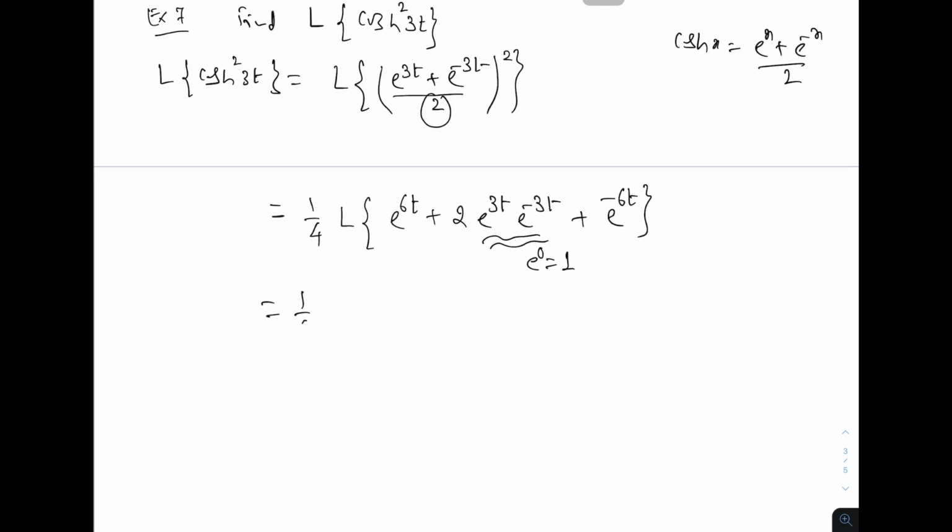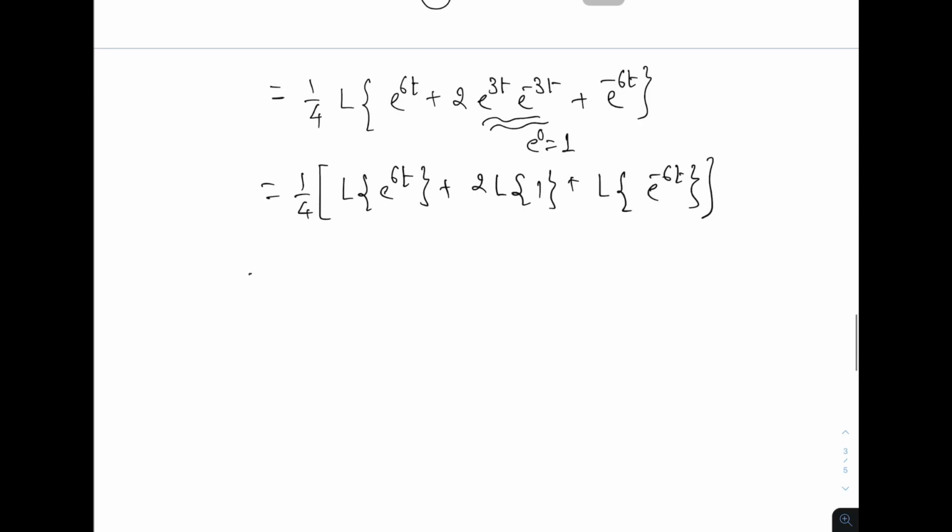So this is equal to 1 by 4 Laplace transformation of e power 6t plus 2 Laplace transformation of 1 plus Laplace transformation of e power minus 6t.